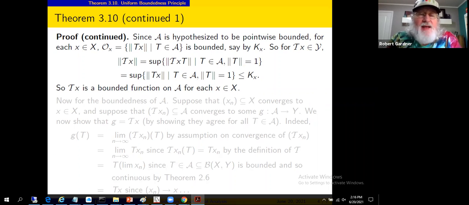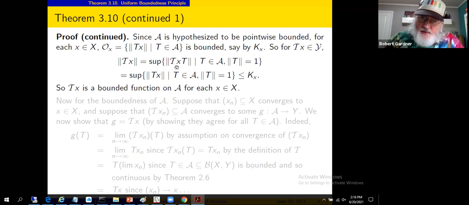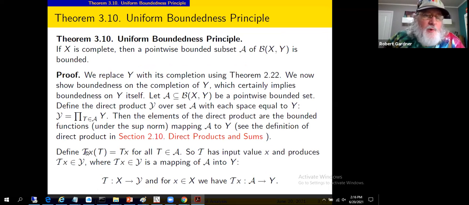So there's boundedness of calligraphy T of x, and I'm mildly worried. One more time. We got from here to here, how calligraphy T of x of T is defined as this. Let's go back to the previous slide and look at that real quick. Right, calligraphy T of x of T is simply T of x.